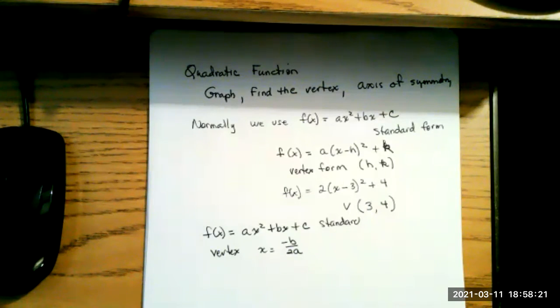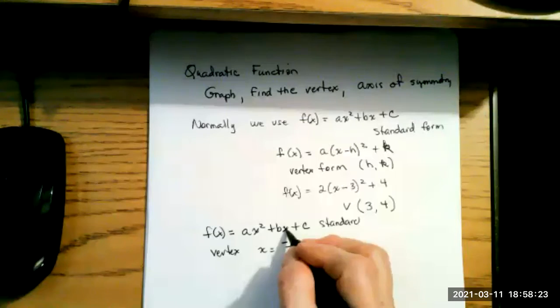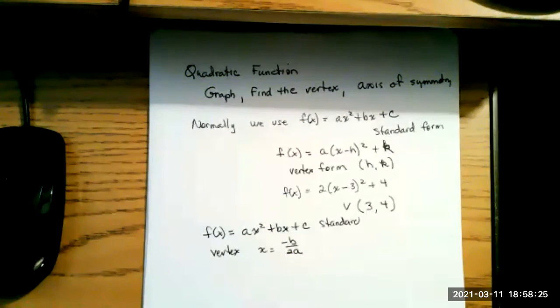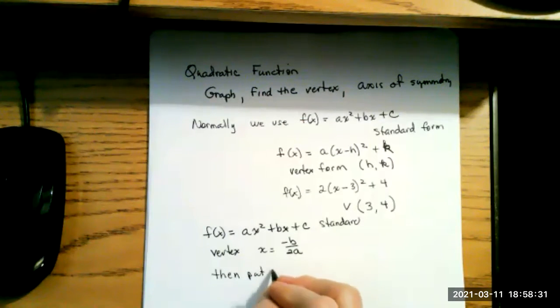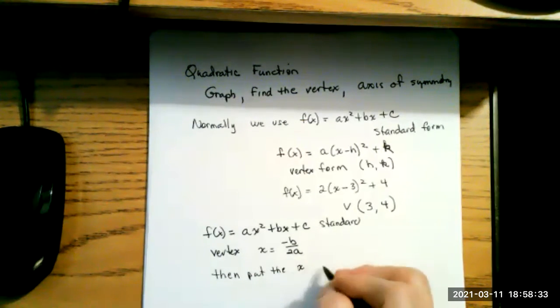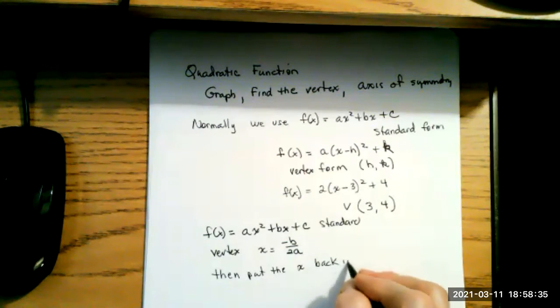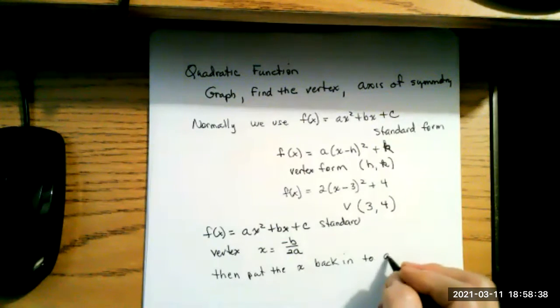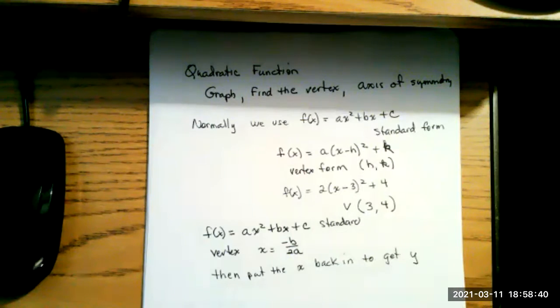Yes, that's the first part of the quadratic formula. So you find the x value, then put the x back in to get y. Now, I don't do that very often. Sometimes I do, but most of the time, I just do it on the calculator because it's easier.